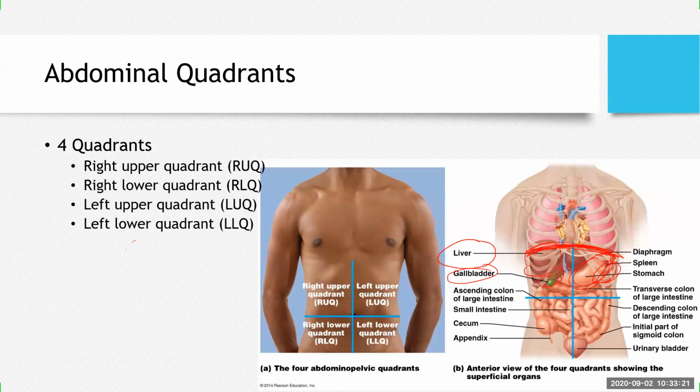And if we talk about the right lower quadrant, you can see that there is the cecum. The cecum is just this area of the large intestine, while the appendix is going to be over here. By the way, just an FYI, all these pictures that I'm showing you are, in general, what it will look like in most people's bodies.